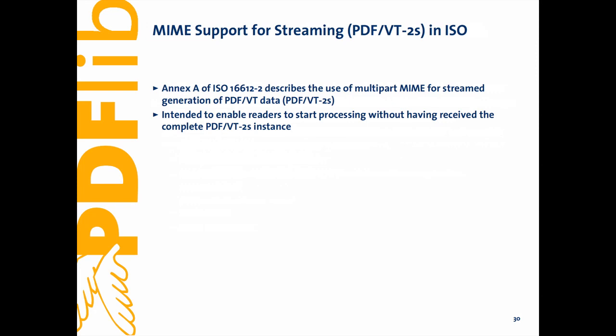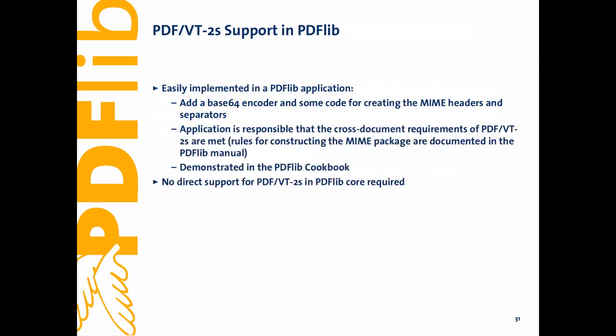MIME support: we heard that you can more or less have an indefinite stream by wrapping the PDF/VT chunks into a MIME stream. That would also allow the RIP to start processing without having received the complete PDF/VT-2s instance.